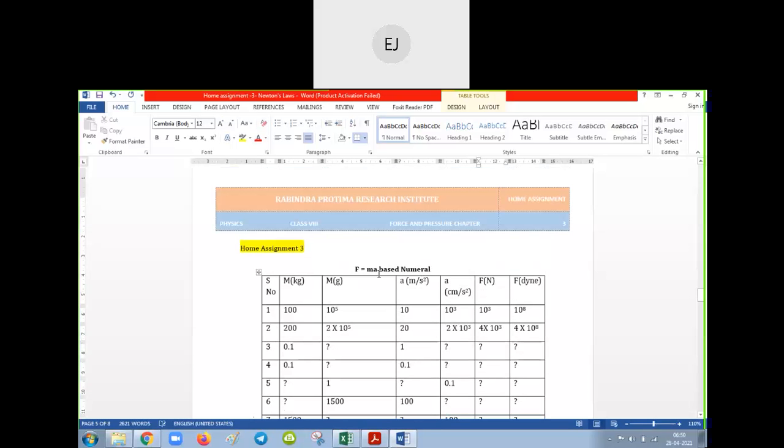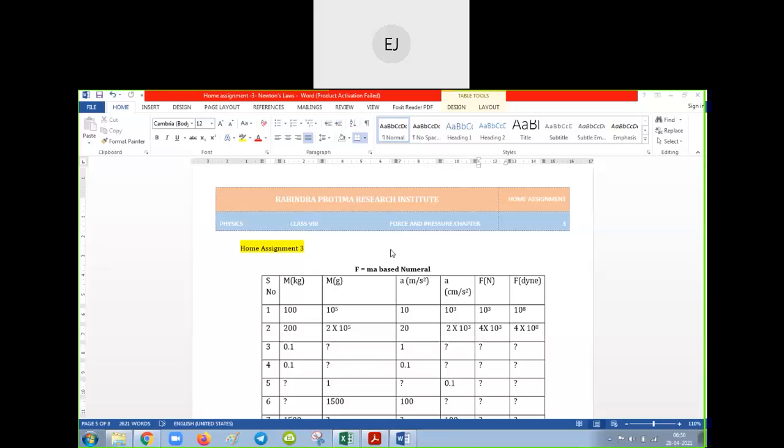See, if I give F is equal to MA, that means I am giving not only one formula, I am giving 3 formulae. That is, F is equal to MA, M is equal to F by A, or A is equal to F by M. These two are also derived formulae, you should think of them.